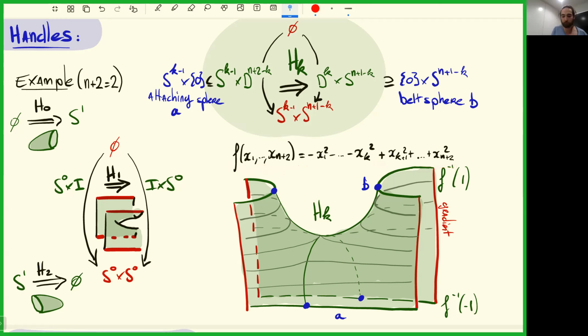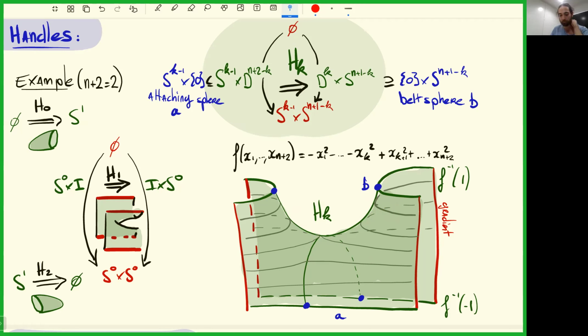In dimension 2, for example, here k equals 1, you will have k of them going down and n+2-k of them going up. I'm drawing a surface because it's the only dimension I can draw, but you can imagine it's some kind of generalized saddle with some paths going up and some going down.